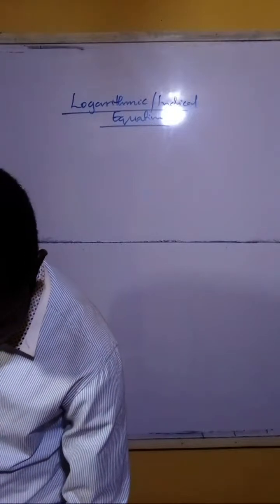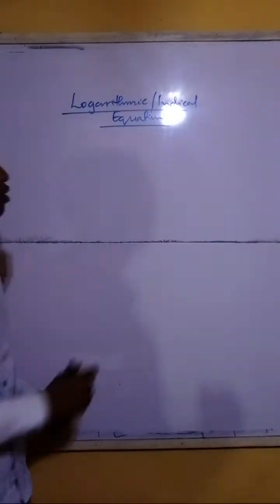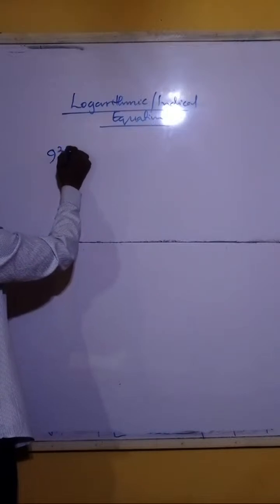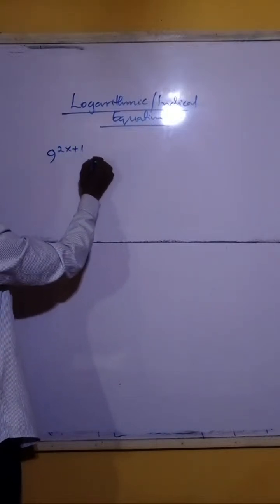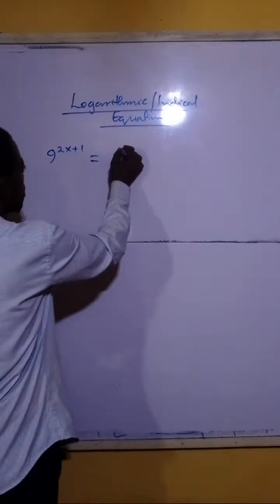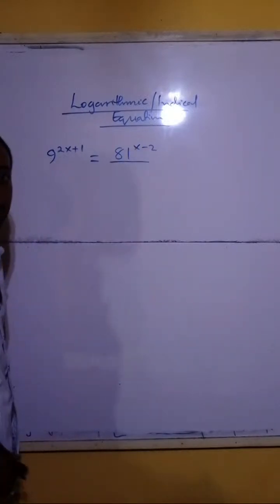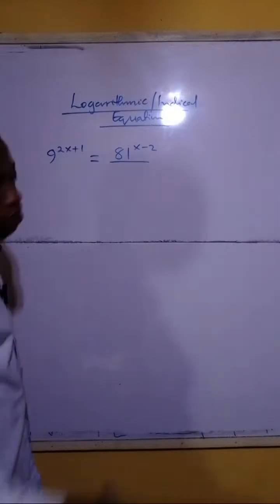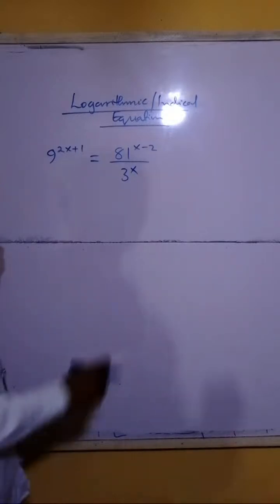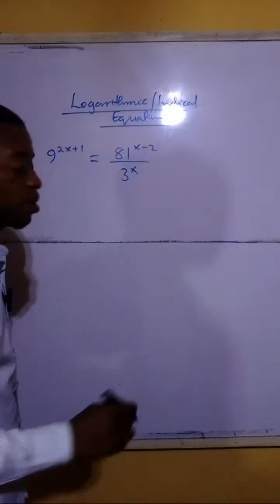We have 9 raised to power 2x plus 1 equals 81 raised to power x minus 2, then divided by 3 raised to power x. Now, to solve this particular equation with indices, we can change everything to have the same base.